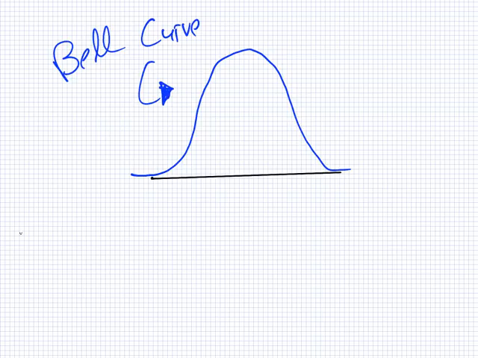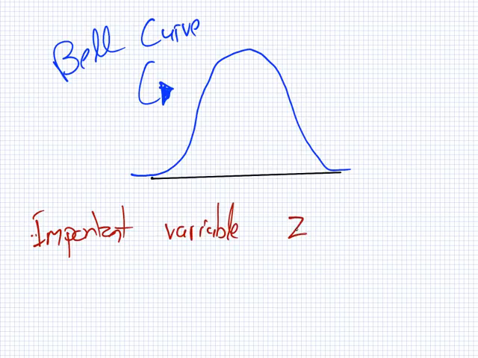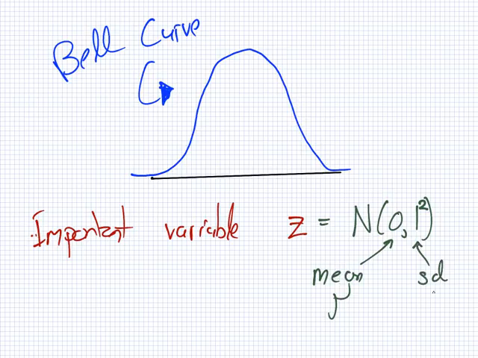So this leads us into our next idea. We have this important variable, which often is called z, and we say z equals N(0, 1) squared. This part here is the mean, and this part here is the standard deviation, sigma.